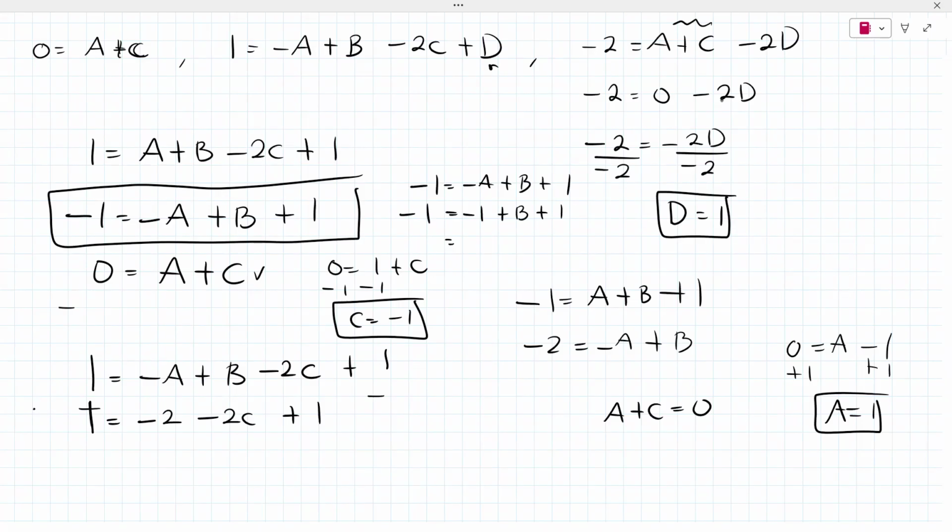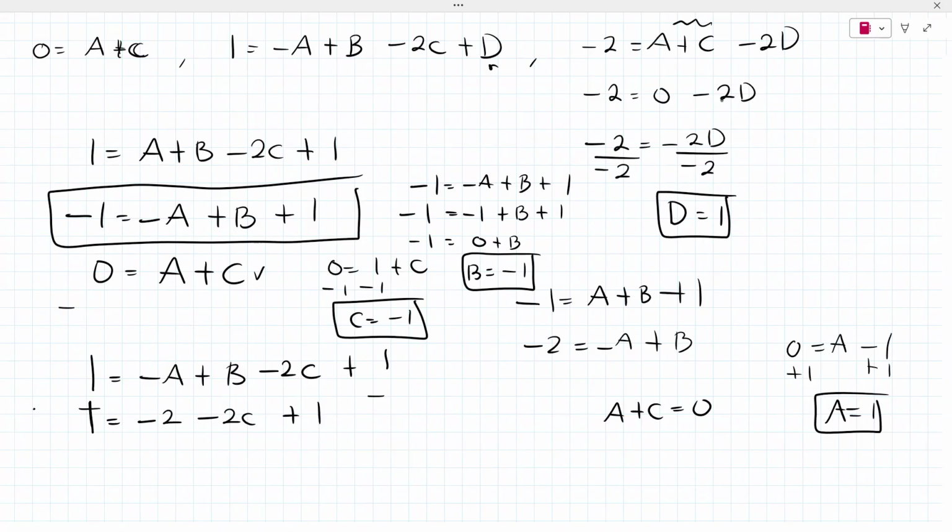And then -1 plus 1 is 0 plus b. So I got b equals -1. Okay, so I got b equals -1, c equals -1, and a equals 1. Okay, so that's our answer.